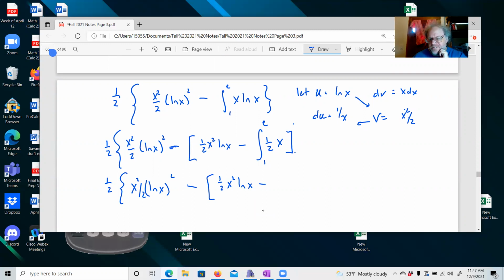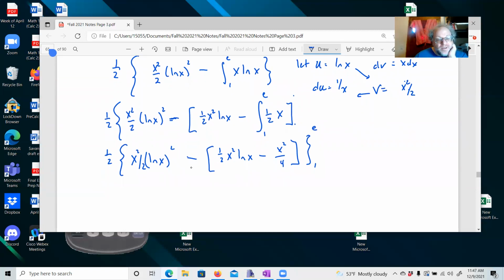We can all do this, it's just that, and we're going from 1 to e. So cleaning this up a little bit, we have 1/2 out here, x squared over 2 ln x squared minus 1/2 x squared ln x.